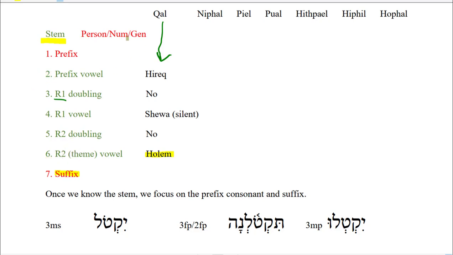And we determine the person, number, and gender based on 1 and 7. So prefix, suffix is what we pay attention to once we know the stem. So we use the 2 through 6 to figure out the stem. Then we use the prefix and the suffix to figure out person, number, gender.